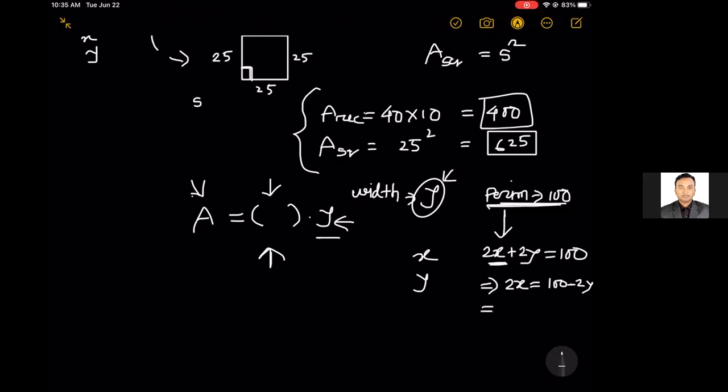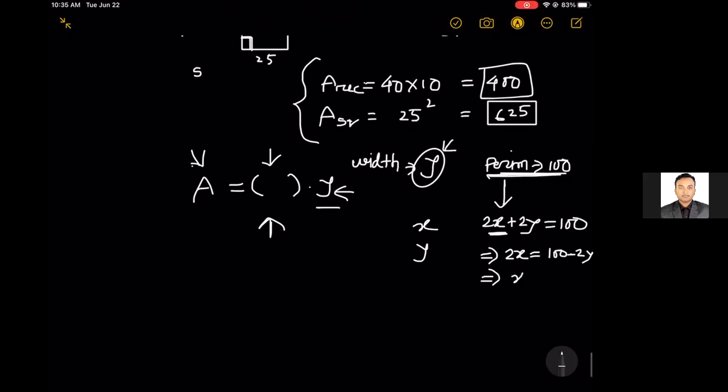So my x would be (100 minus 2y) over 2. Now I can replace this x here, and you can see this is all about y. We don't have any x here. So it's (100 minus 2y) over 2. That's my formula for the area using y.